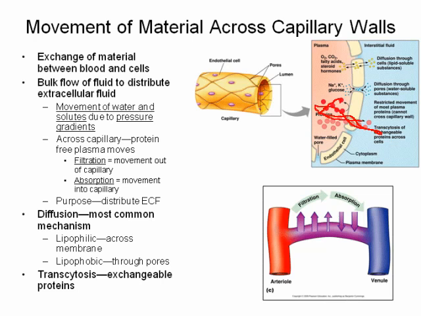So lipophilic substances can move fairly easily across the membranes. Other substances are going to have to move through the pores. It's also what's called transcytosis, that we have some proteins that are what we call exchangeable. That is, that the endothelial cells will actually transport them across. But they're not going through pores, they're actually being carried across.